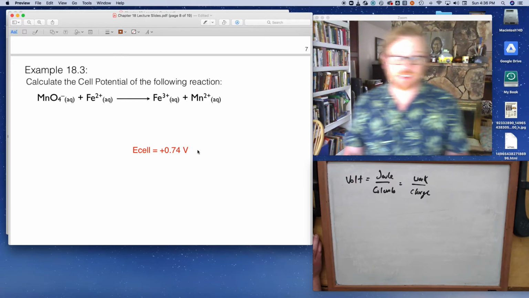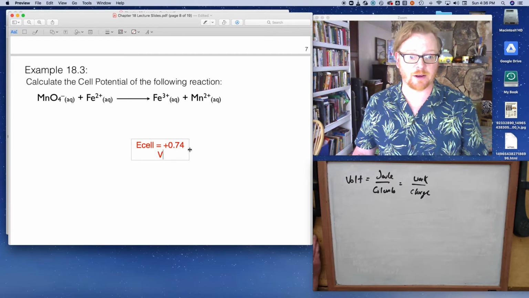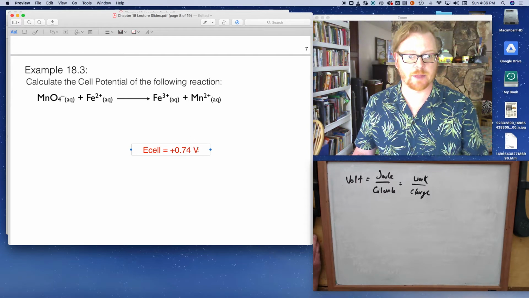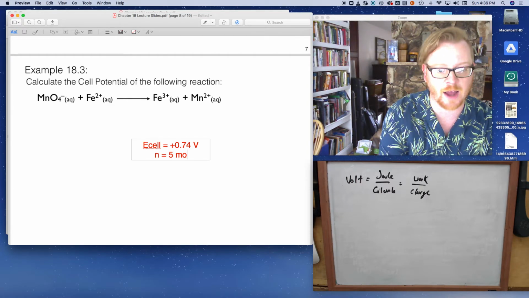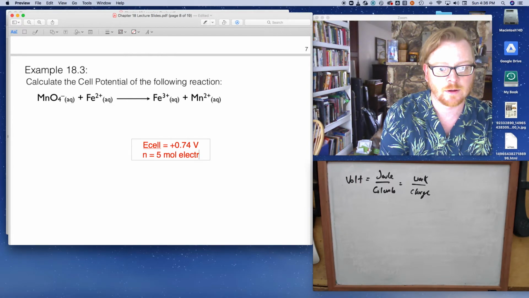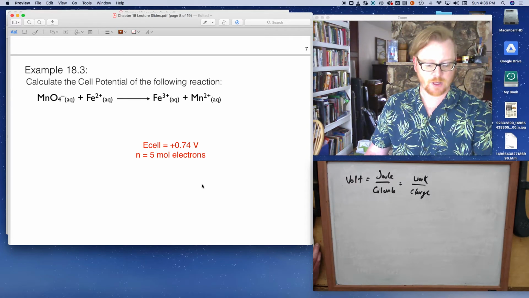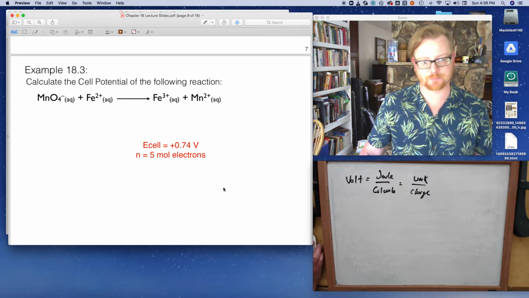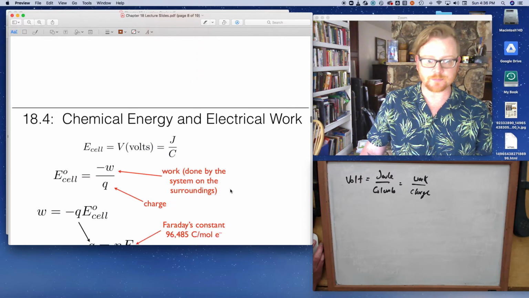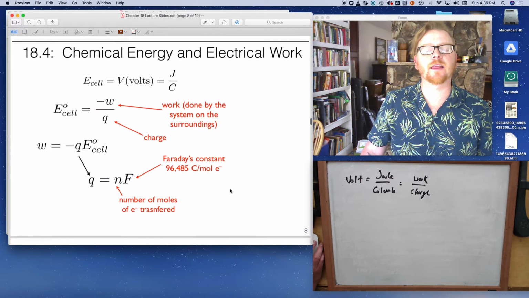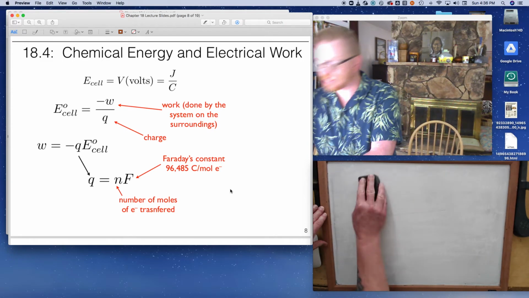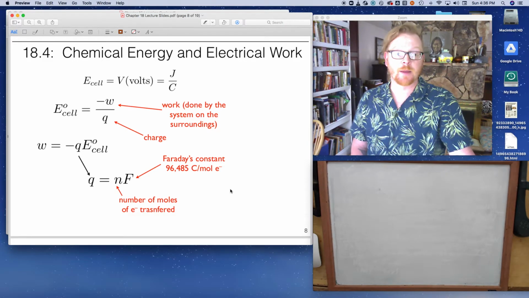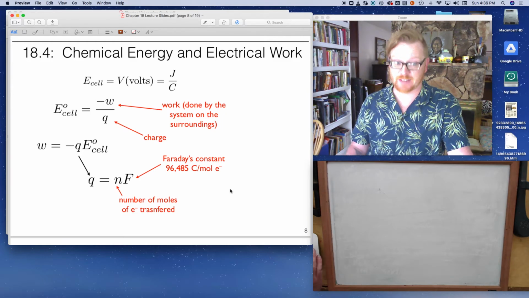But as we will see, what I'm going to write here is, I'm going to make this bigger, and I'm going to say n equals 5 moles of electrons, okay? That's what you would get from this problem when you balance it. The number of moles of electrons does not change the cell potential, but it does change the amount of work that can take place.